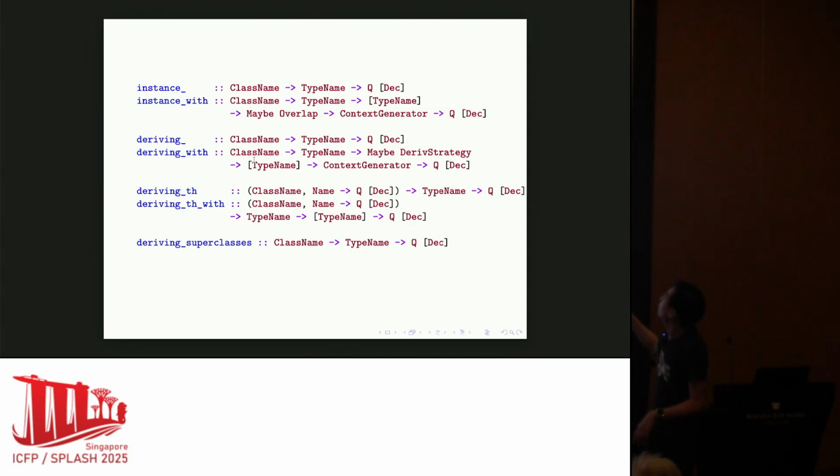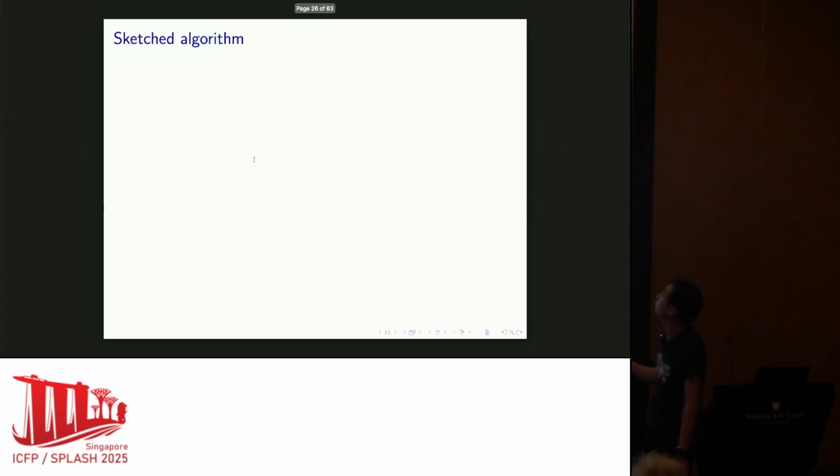I will talk about this list and this context generator in later slides. Because as you can see here, we need context generators, but in Template Haskell, we don't. And for deriving superclasses, you just need to give a class name and a type name. It will generate the instances for you.